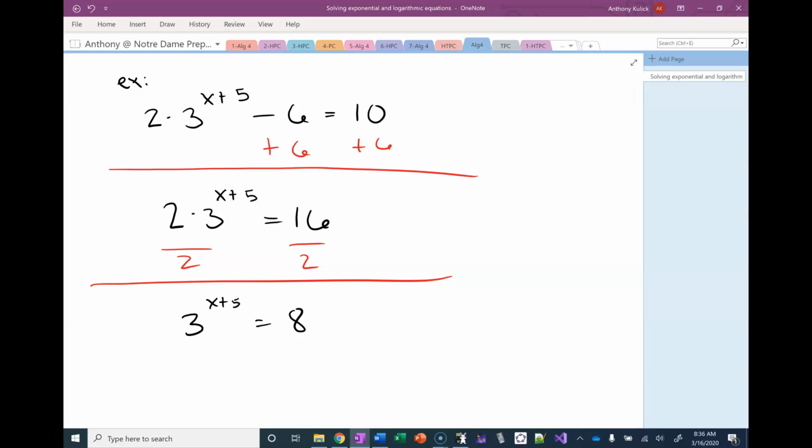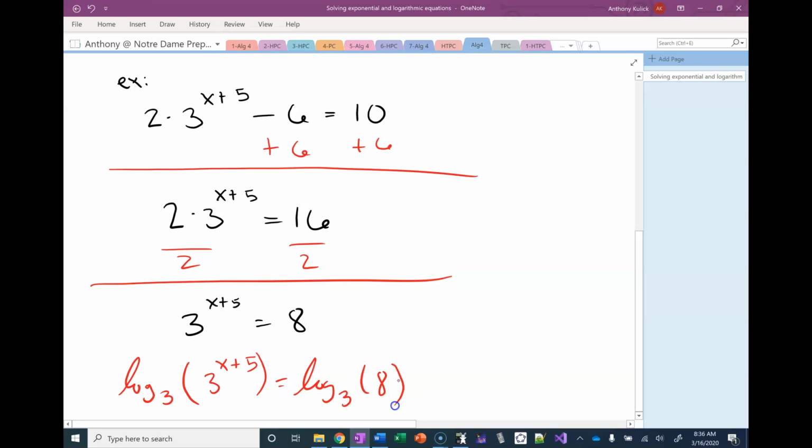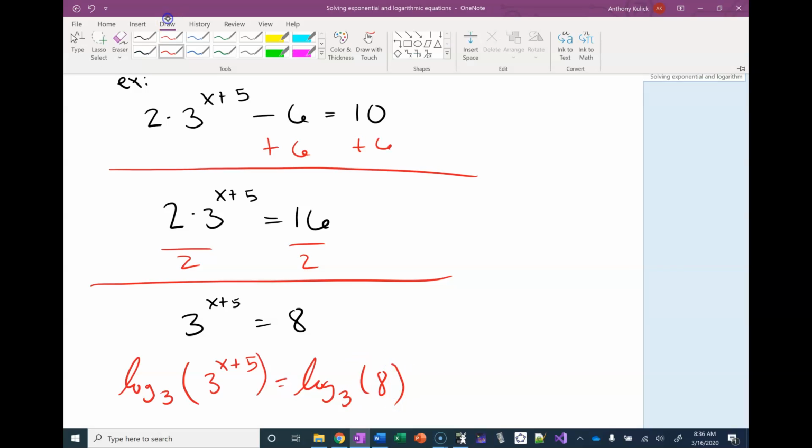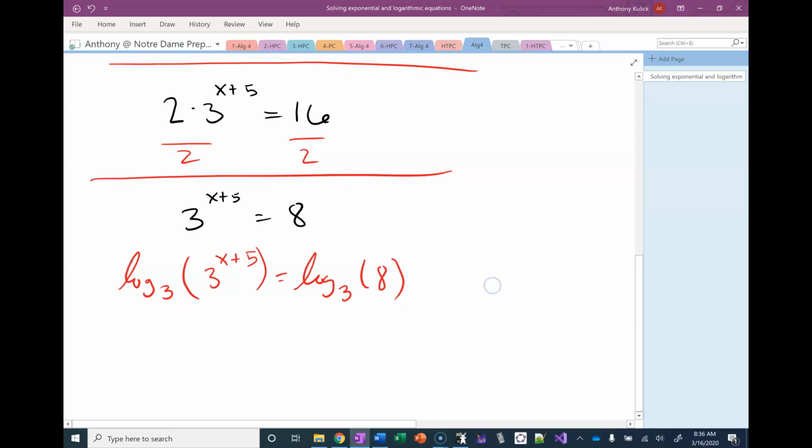Which logarithm do we need? The logarithm that matches the exponent base. So I need to do log base 3 to both sides. So I know log base 3 cancels exponent base 3.